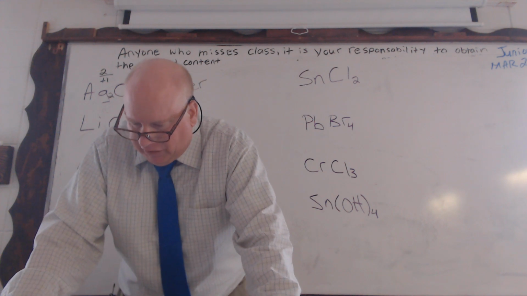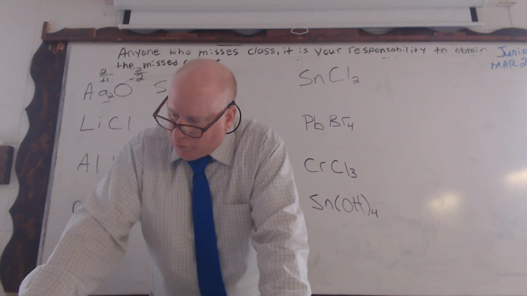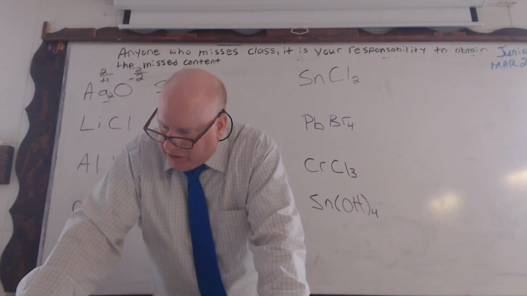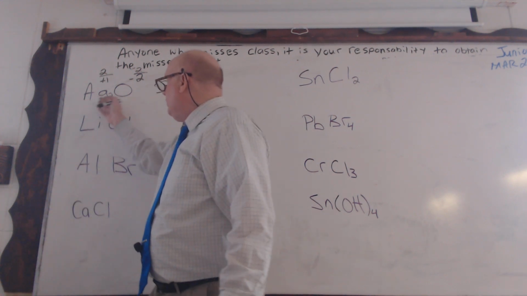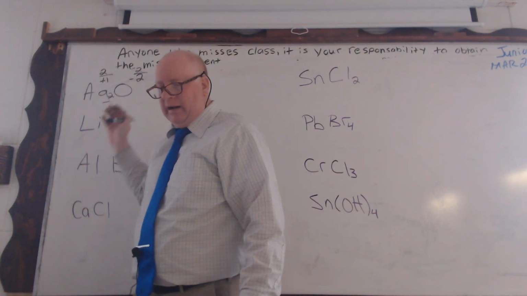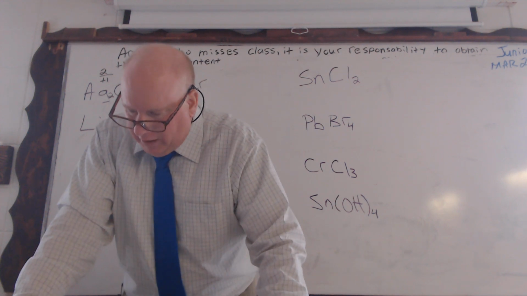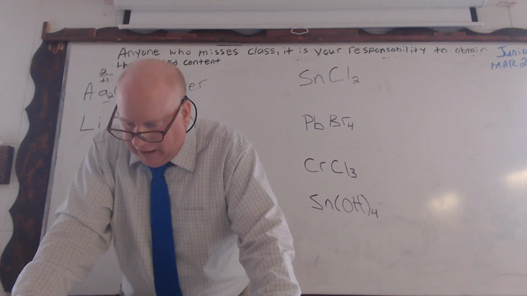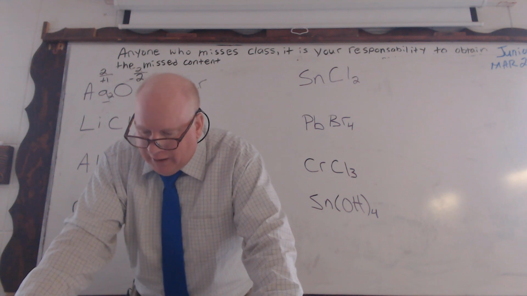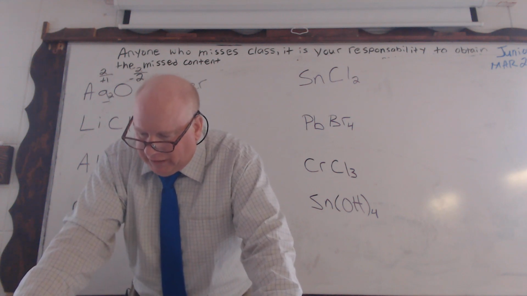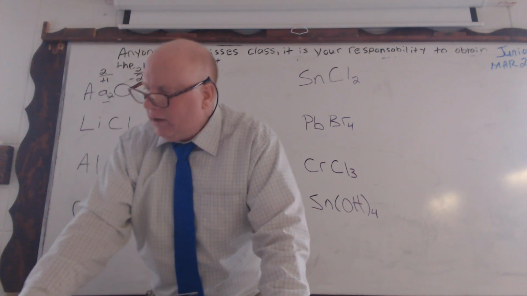So oxidation numbers. To write a chemical formula, you need to know the elements involved. So we've done that. Here are two elements, silver and oxygen, okay? And the number of electrons they gain, lose, or share to become stable. This last piece of information is what chemists refer to as the element's oxidation number.